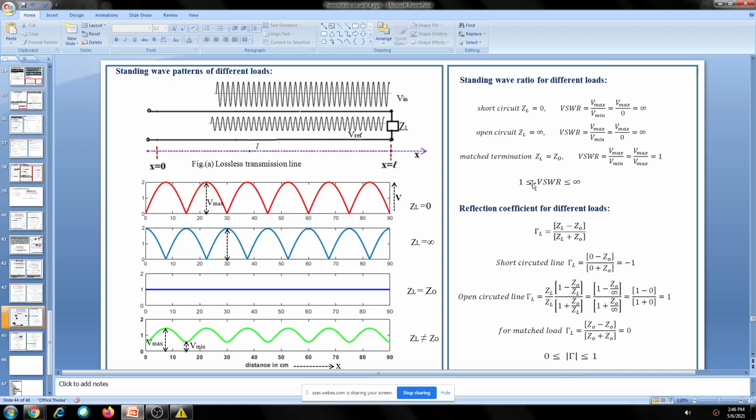In most applications we measure this because VSWR meters are available, instead of the reflection coefficient. So from 1 to infinity, if it is up to 1.5, no problem, 1 to 1.5 is acceptable. If VSWR is greater than that, it is not a matched load. We have to match the load in such a case. That's why it's a very important parameter.